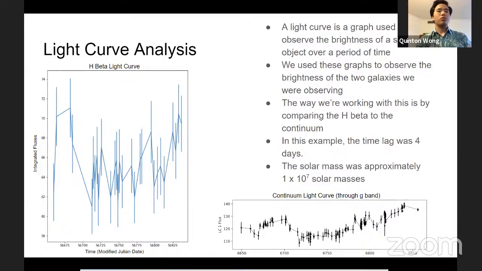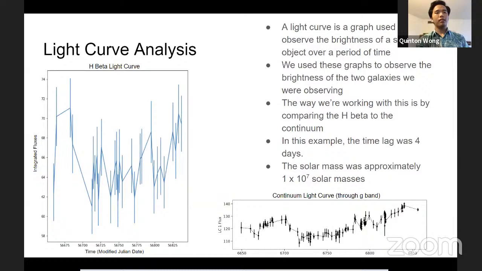We run this through Python, comparing the H beta curve to the continuum light curve, and it finds the time lag that we were talking about earlier, which is how much the H beta curve has been shifted. For mine, it was 4 days. Again, Python is a pretty integral part of this.